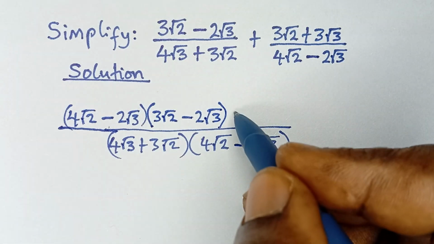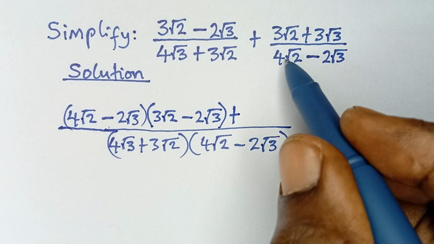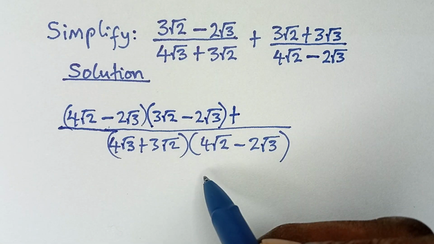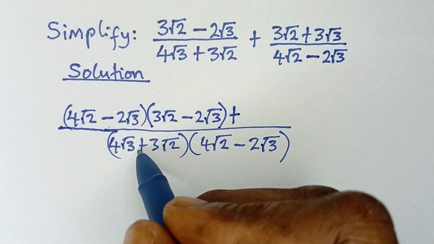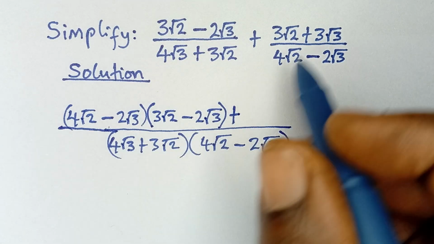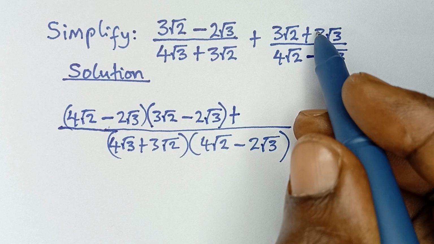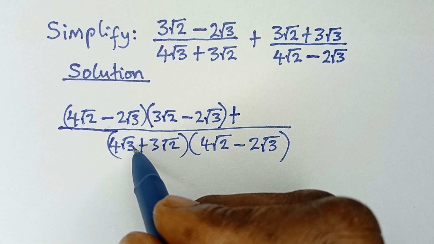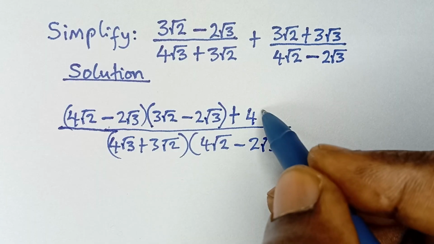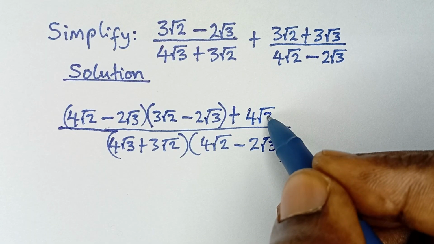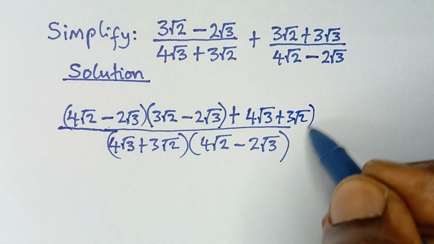And then the sign here, plus. And then when I use this to divide this, it's just like carrying this and you put it under here. And then what happens? This will cancel itself and you are left with this. So you now use this to multiply the upper part that we have here, that is the numerator. So it becomes this which is left. When you use this to divide this, this is left. So you have 4 root 3 plus 3 root 2.